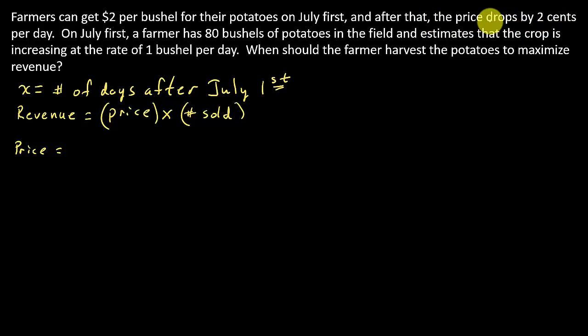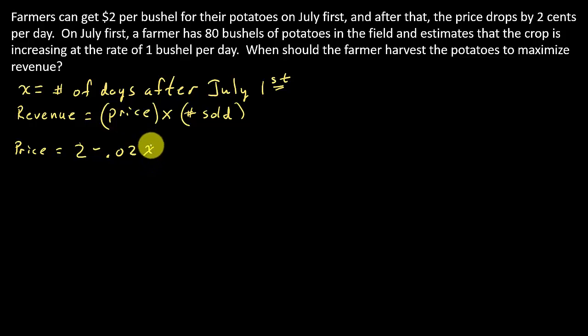All right, so the price here is going to be $2. And then after July 1st, each day after it drops 2 cents. So that's going to be minus 0.02 times x. So remember, x is the number of days after July 1st.